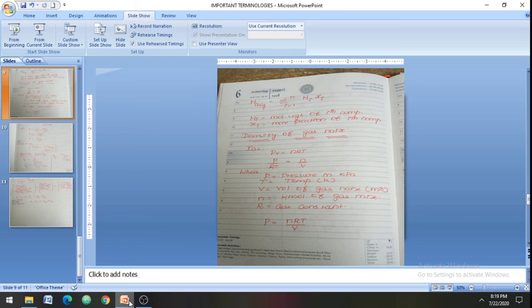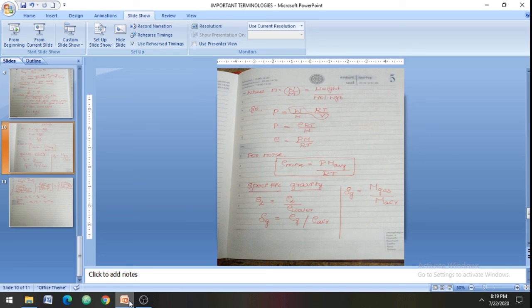So P is equal to nRT by V from the ideal gas law, where N is the number of moles, weight divided by molecular weight. Repeat the expression and substitute N here: P is equal to W by M into RT by V. Here W divided by V, weight by volume, is equal to density, rho.